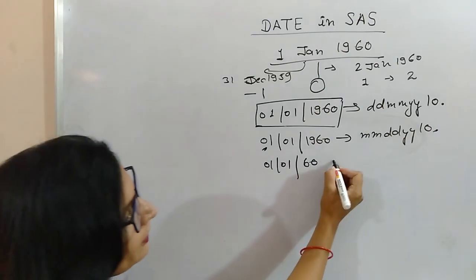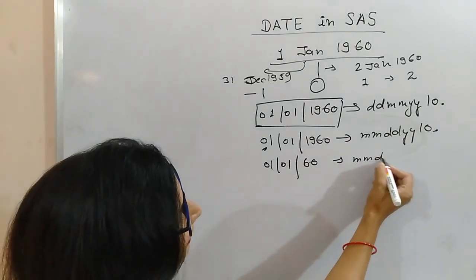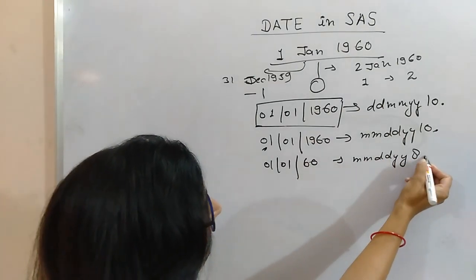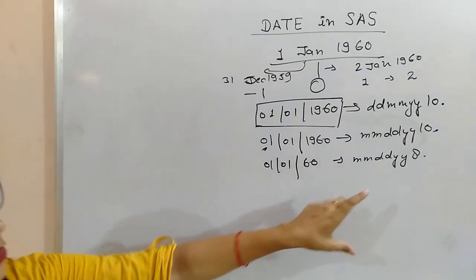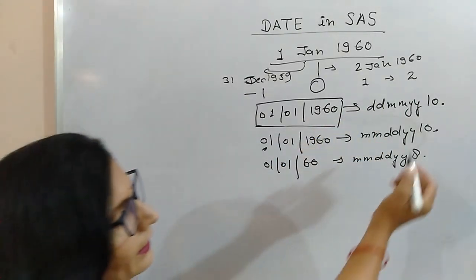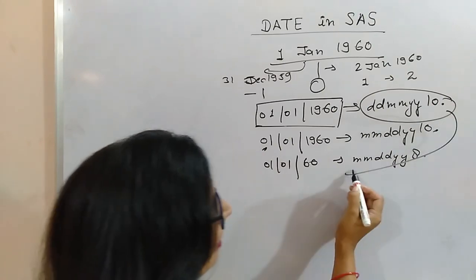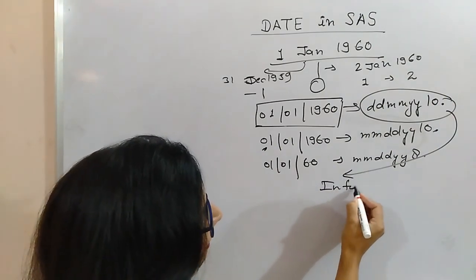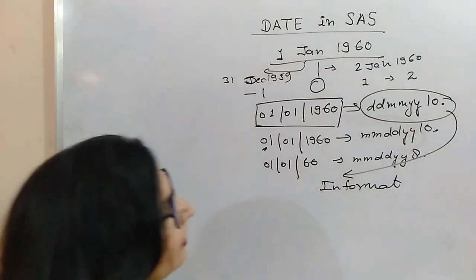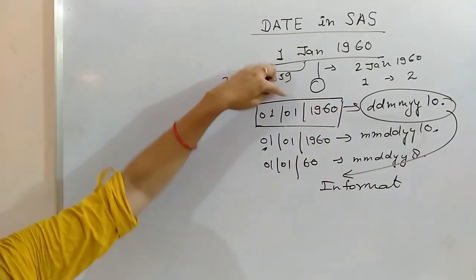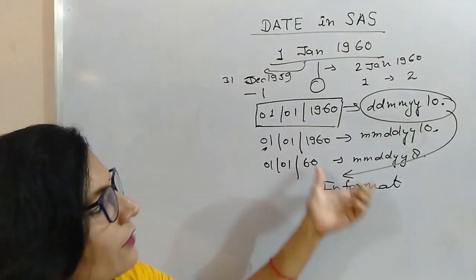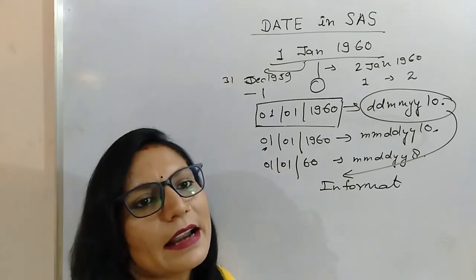So the length for this would be MMDDYY8. Do you understand this? So what we say is that DDMMYY is an informat to read the date variable.